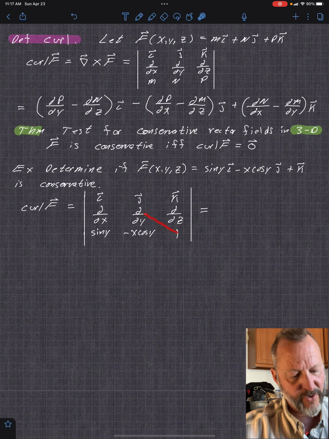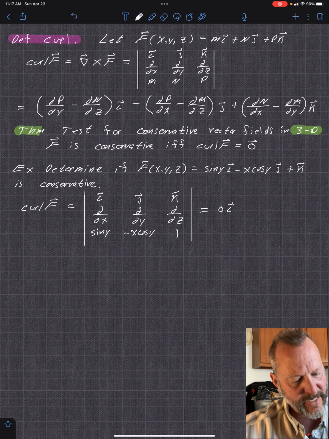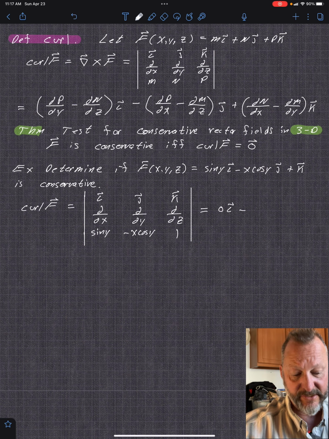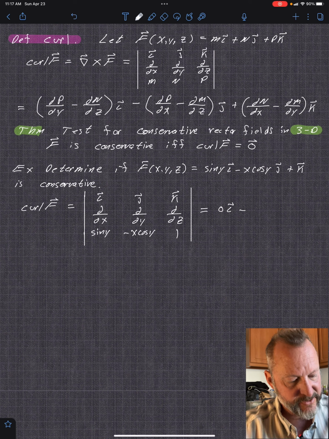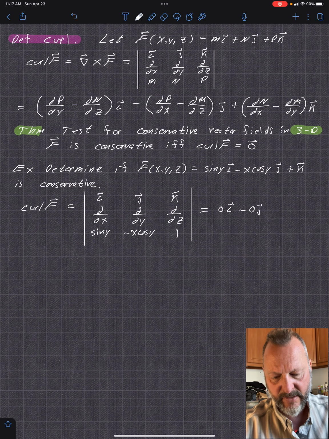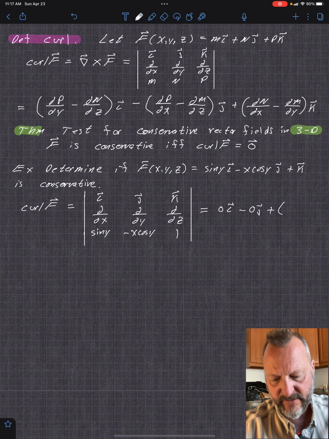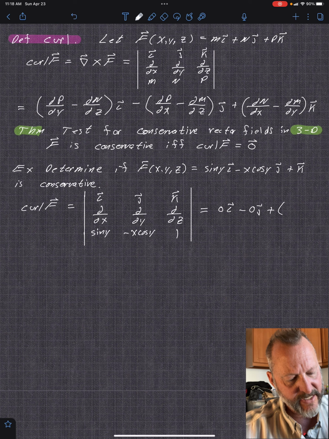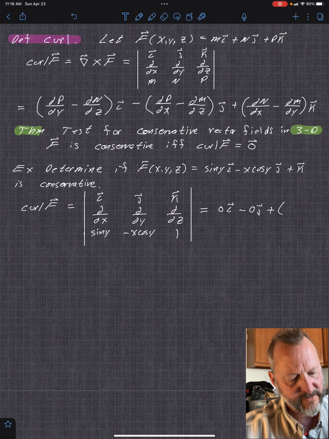Usually works pretty good. So you get 0i minus, and then that's another 0 because it's just x and y in it. So it's 0j plus, and then you get the last one, which is going across like this.